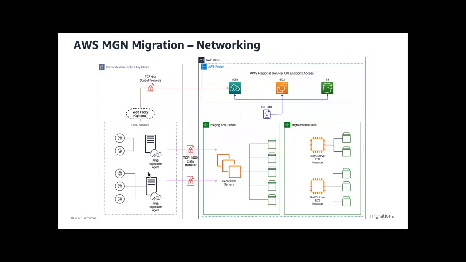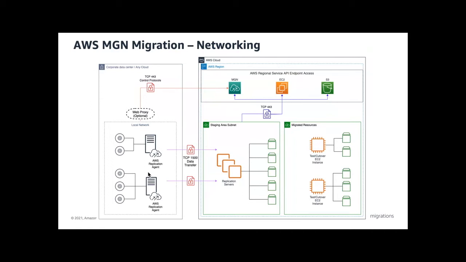Then you're going to note that we're going to have to open the port 1500 for data transfer to start when the replication agent starts replicating the data from the source servers into the staging area.